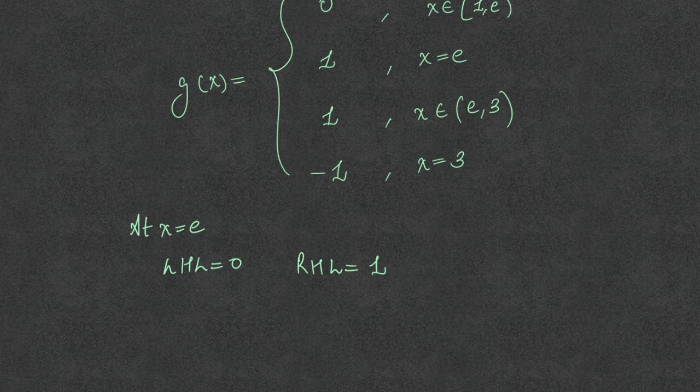So clearly the left hand limit is not equal to the right hand limit, so the function is discontinuous at x equal to e.